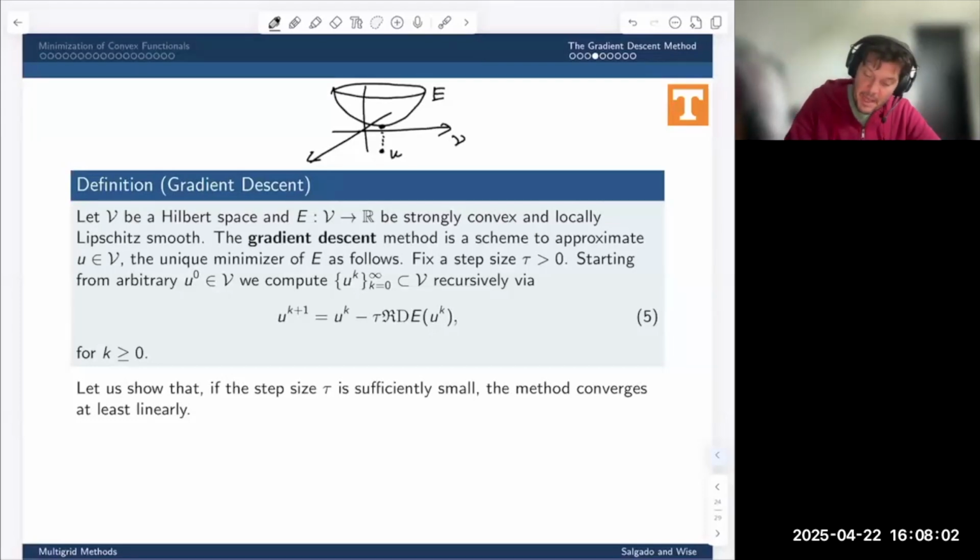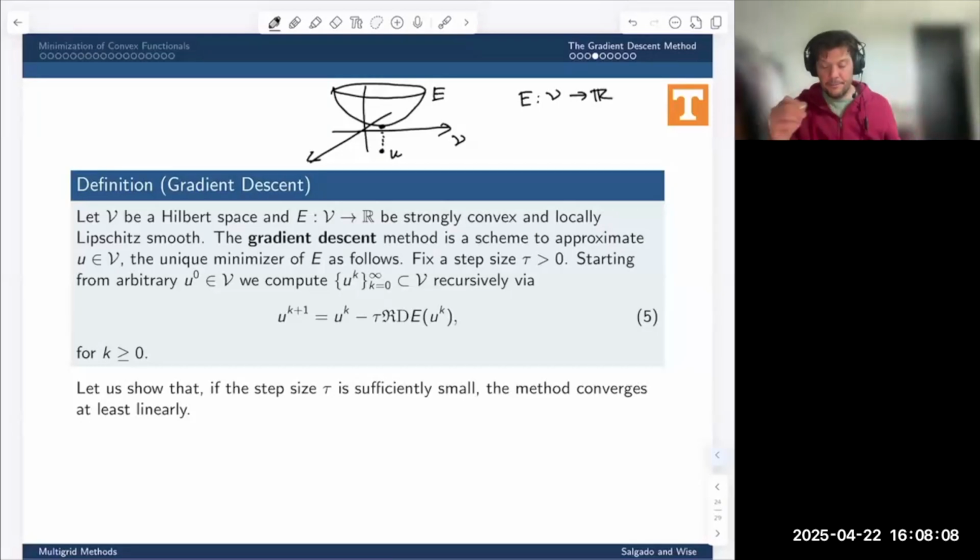So E is a mapping from the Hilbert space V into the real line, just as I've shown here. And we're making some assumptions about E so that it has a unique global minimizer that we're seeking to find, this thing called U.